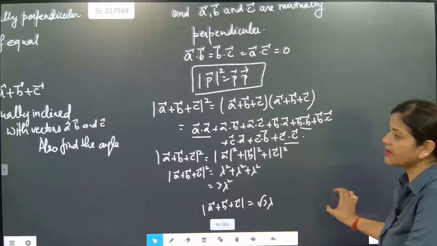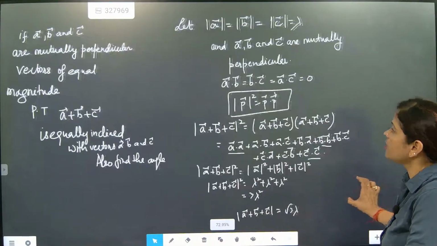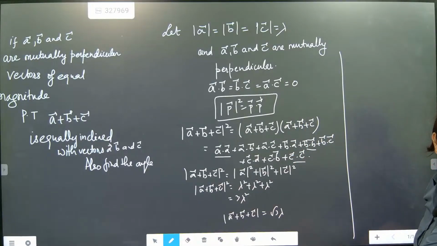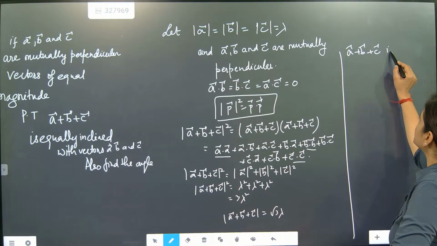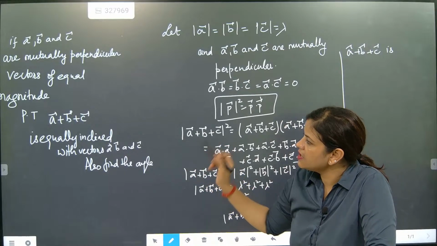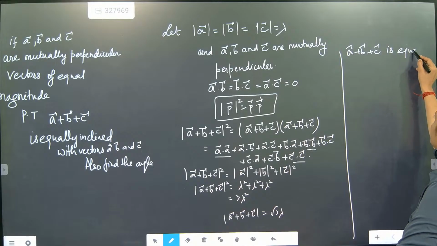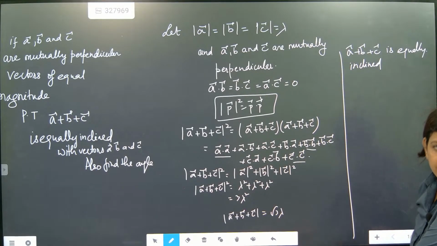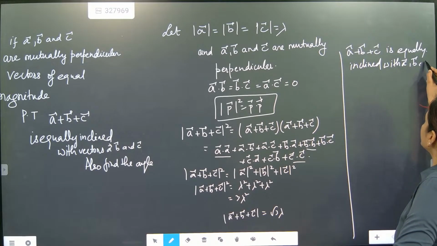Since it is given that equal inclination, we are going to write that A vector plus B vector plus C vector is equally inclined with A vector, B vector and C vector, meaning the angles will be equal.